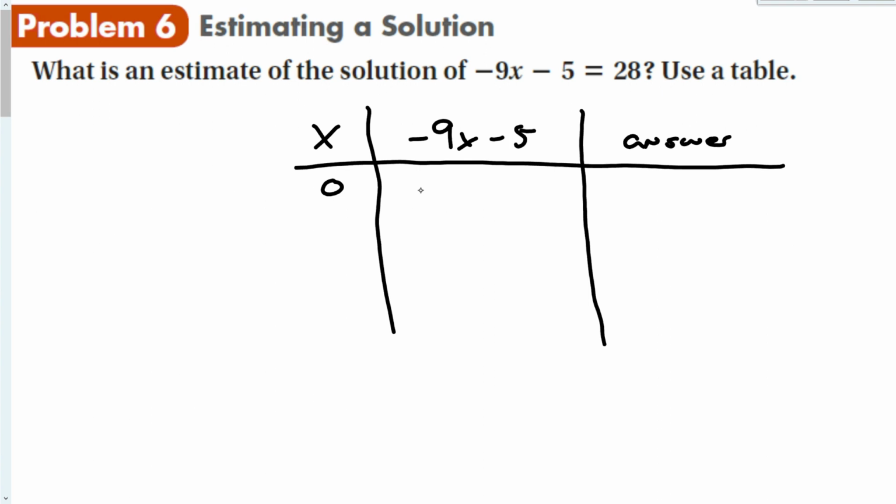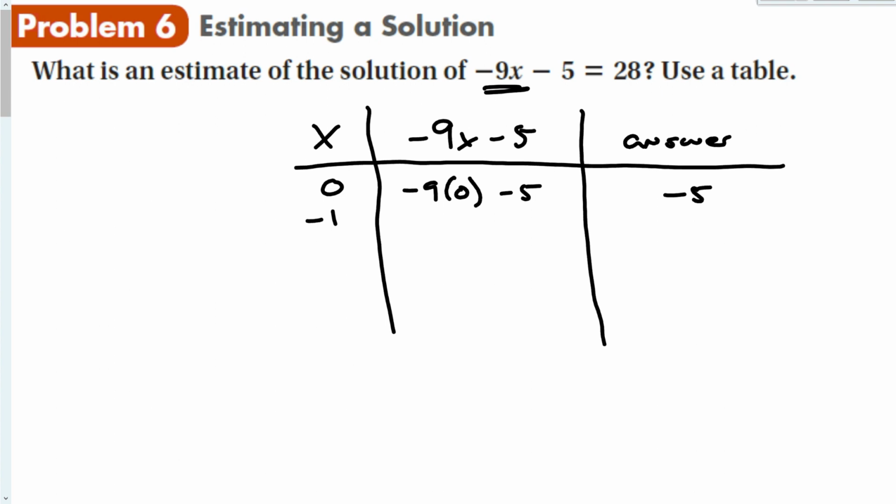If I plug in 0, I get -9 times 0 minus 5, which is -5. Okay, not 28. If I plug in 1, I would see that my numbers would be getting smaller because I'm making this more negative.